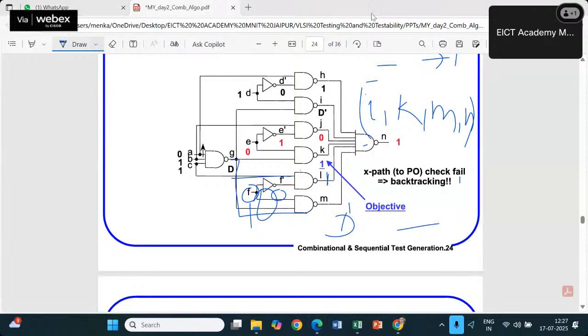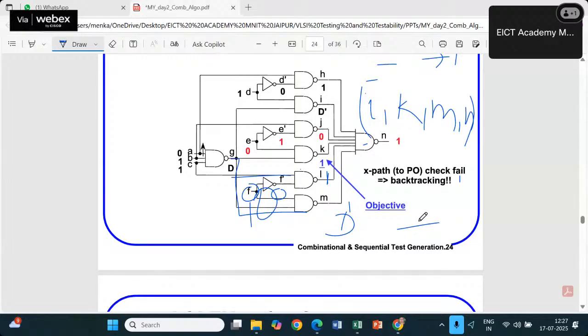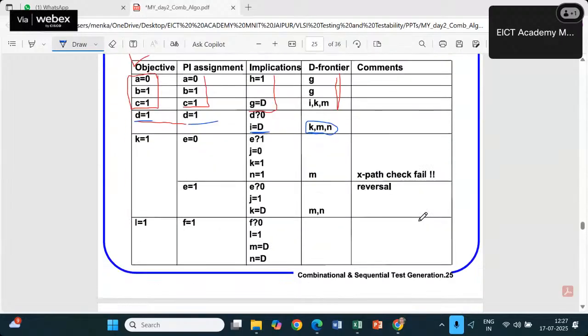So this is the PODEM algorithm for combinational circuits. A similar algorithm can be applied to any other circuit you may have. And this is the tabular format of the same. Whatever I have discussed, the same thing is discussed over here, PI assignment.